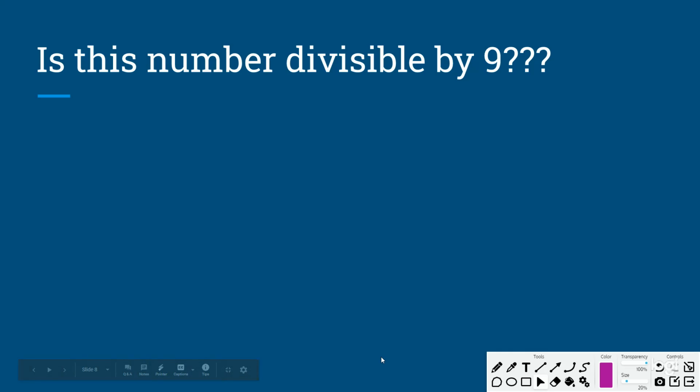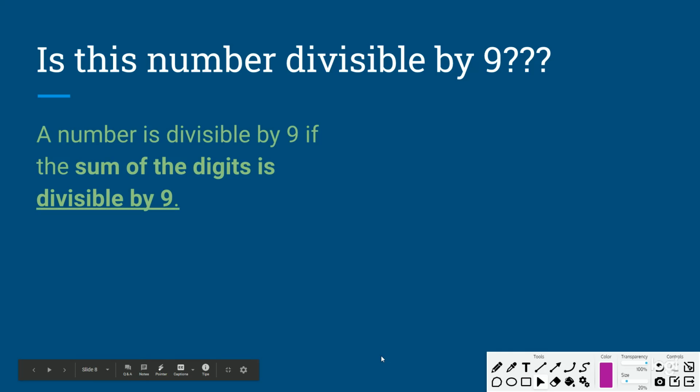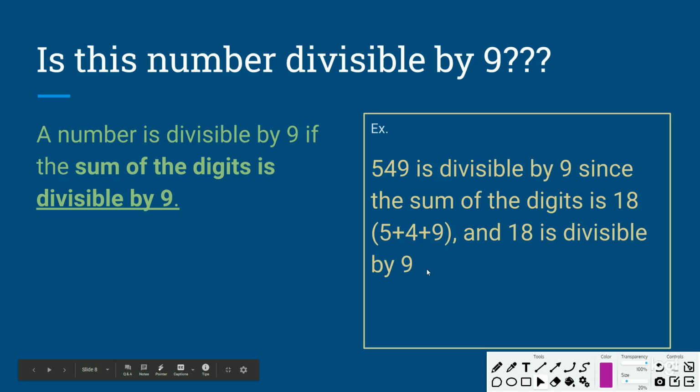The next one is 9. And 9 is very similar to 3. A number is divisible by 9 if the sum of the digits is divisible by 9. So again, we have to add them up and see if that number is divisible by 9.